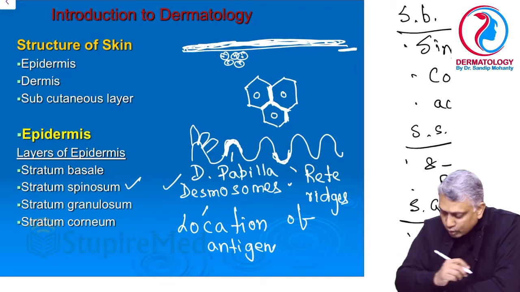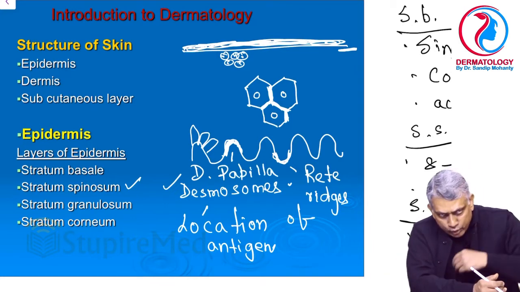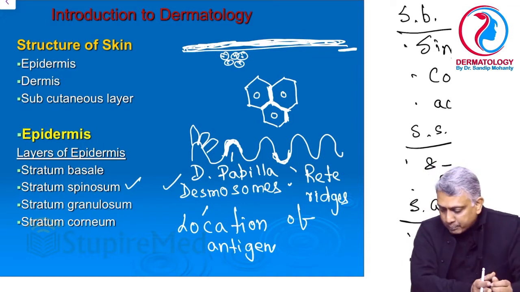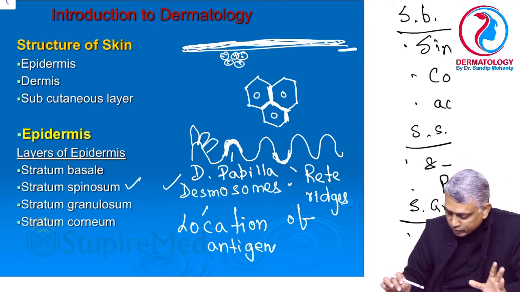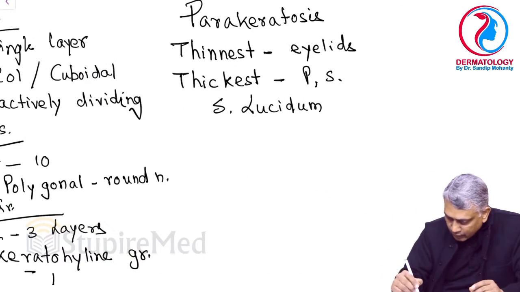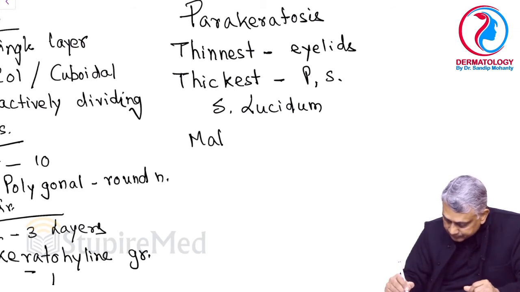So, these are the terminologies to know. One more terminology to know is the Malpighian layer. What is this Malpighian layer?